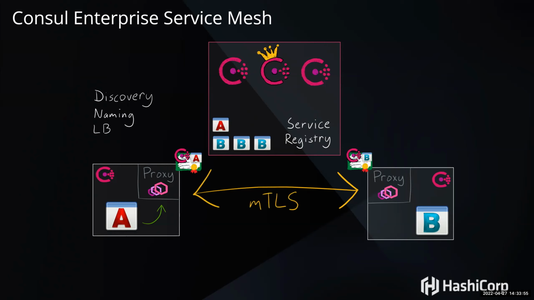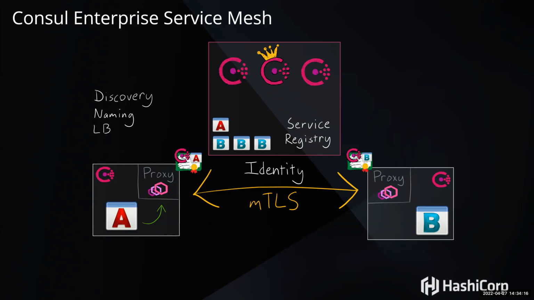So essentially you are able to cover this notion of mutual TLS between the two services. Now we have established the identity, because within that certificate there is an identity parameter, something called SPIFFE identity, which is built into the certificate.